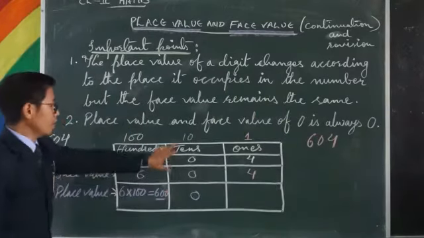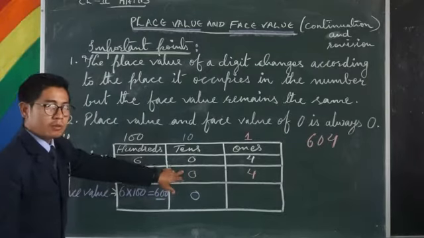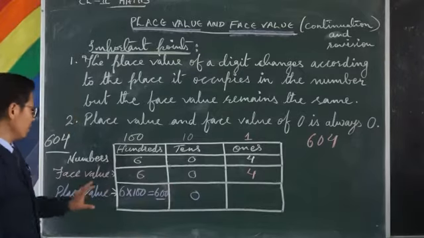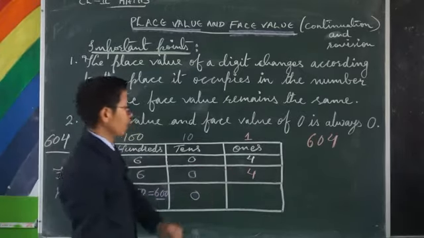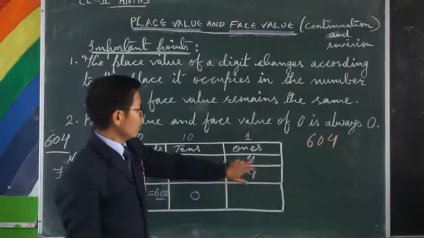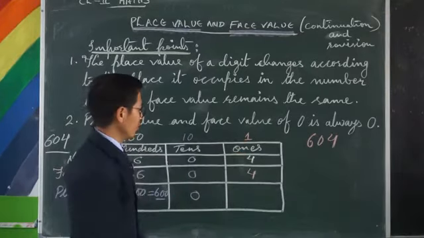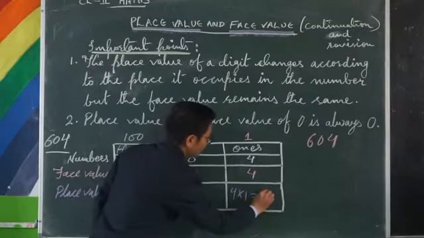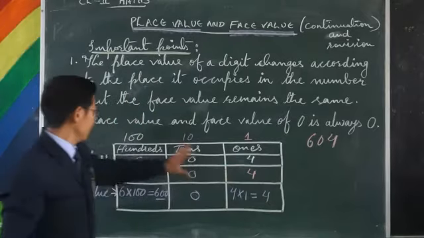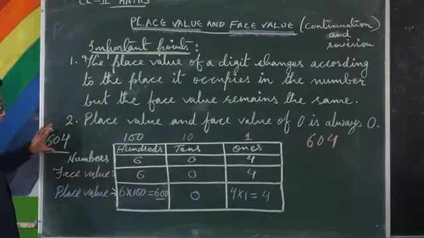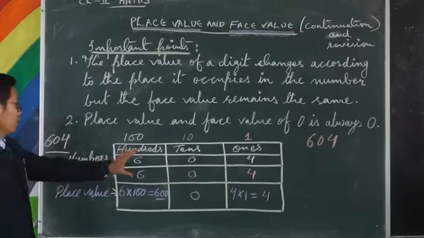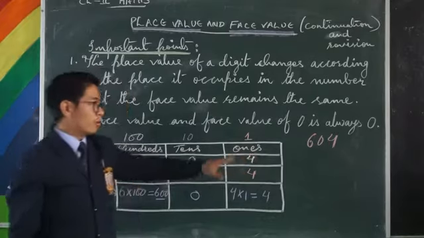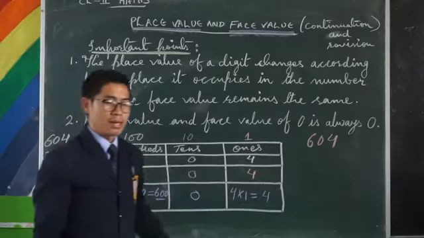Now the number which is left is 4. 4 is in the ones position, so we do 4 into 1, which will be 4. So we have taken the number 604 and found out the face value and place value. This is just a revision, though you have already learned it in the previous class.